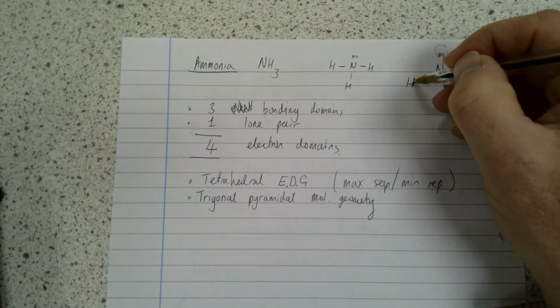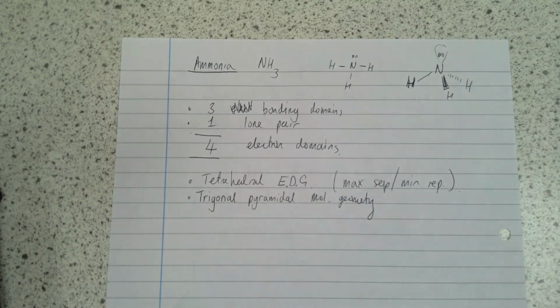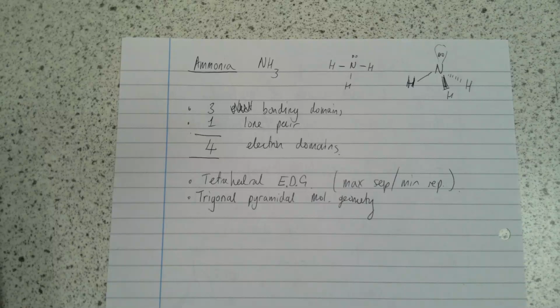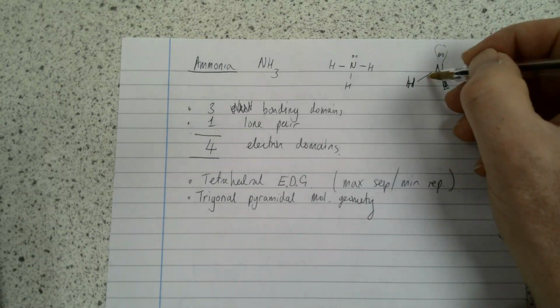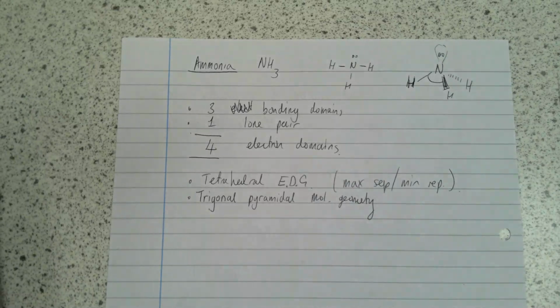Now what do you think the bond angle would be then? Damien? Yeah. 109. You'd think it would be, wouldn't you? That would make sense, wouldn't it? But it ain't. So there's a little rule of thumb that's worth getting your head around: every time there's a lone pair, everything gets squished together a little bit by about 2.5 degrees.